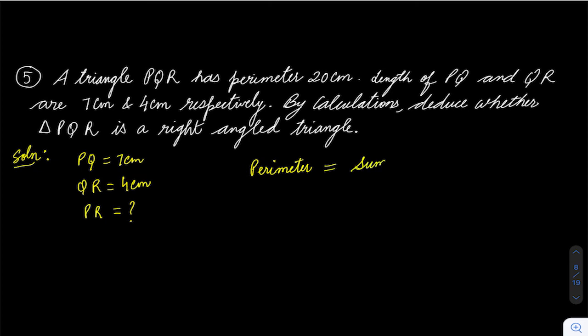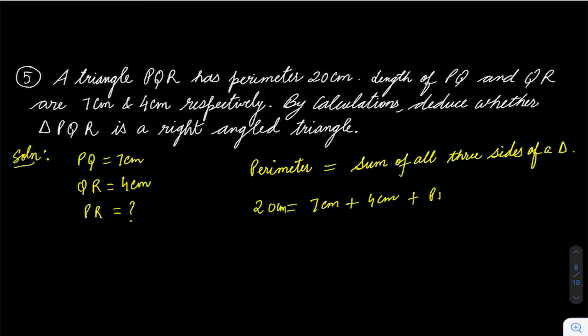So perimeter is nothing but the sum of all three sides of a triangle. So now let's use this. 20 is equal to 7 centimeter plus 4 centimeter plus PR. So from this, my PR value is coming out to be 9 centimeter, right? 20 minus 11 is 9 centimeter.